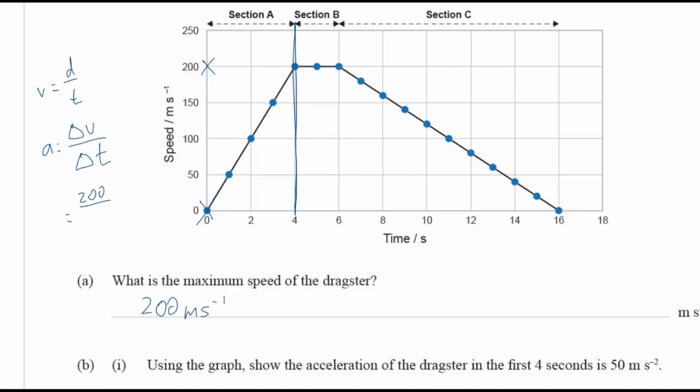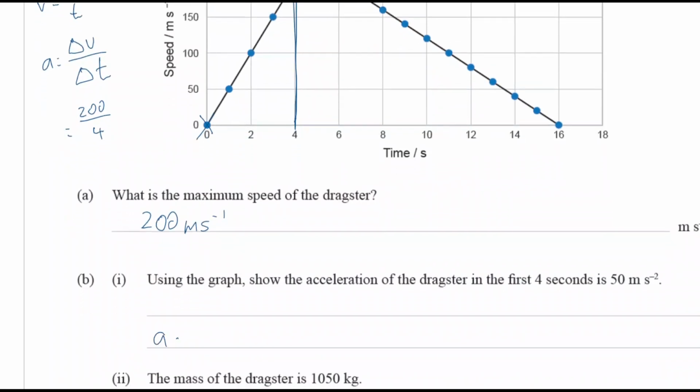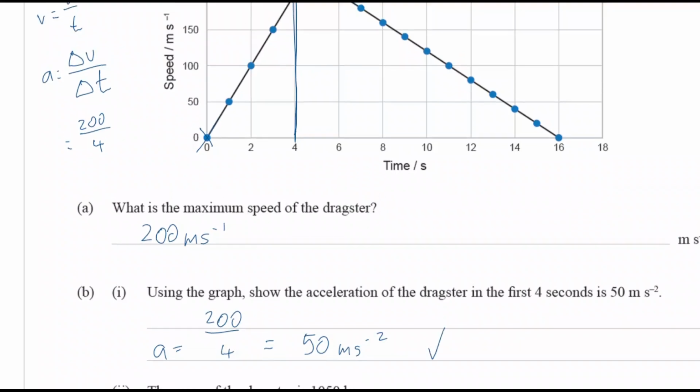And the time it takes it to reach that speed is 4 seconds. So 200 divided by 4, which does indeed equal 50 meters per second squared. So we'll save the marker some time, give ourselves a tick. Don't actually do that. Well, maybe.